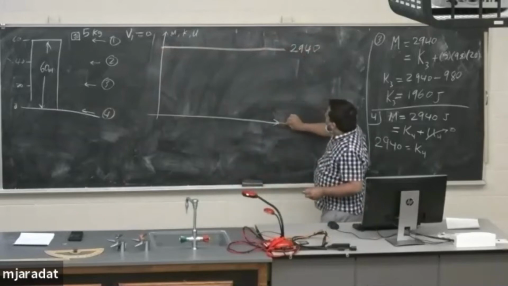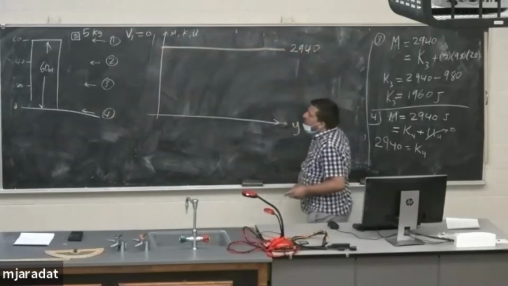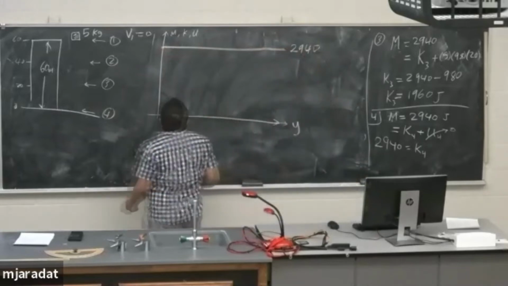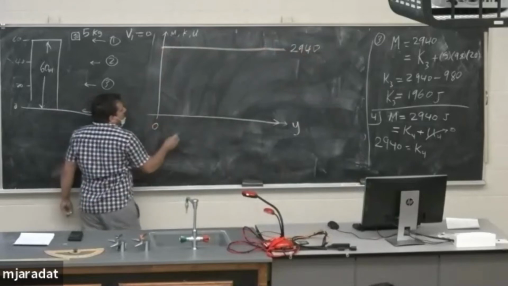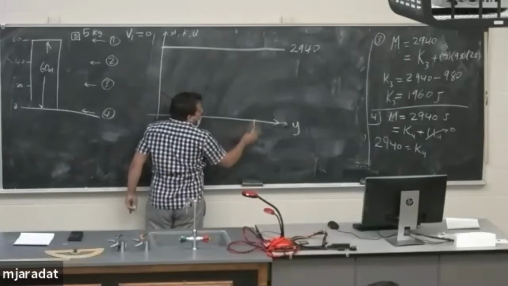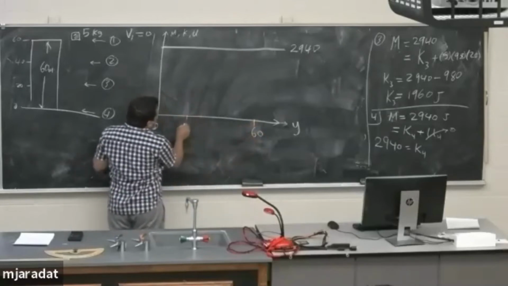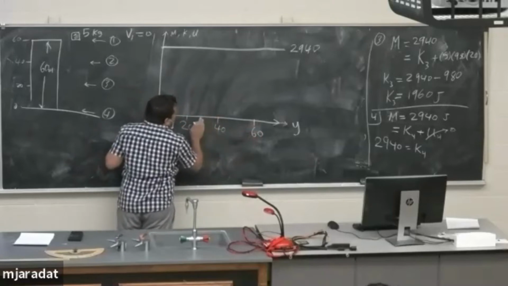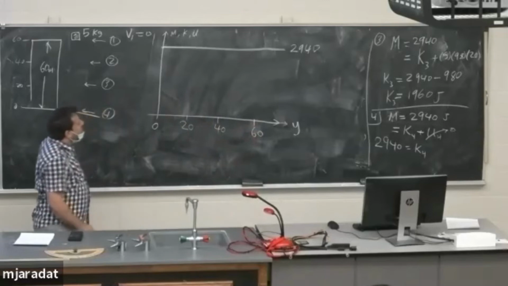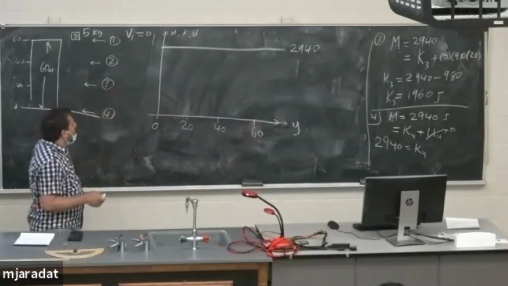Here, we can put Y, which is the position. We have 4 positions, 4 situations, at 0, at 60, this is 20, and this is 40. We have 4 points. We have a mechanical energy, we have a kinetic energy, we have a potential energy.